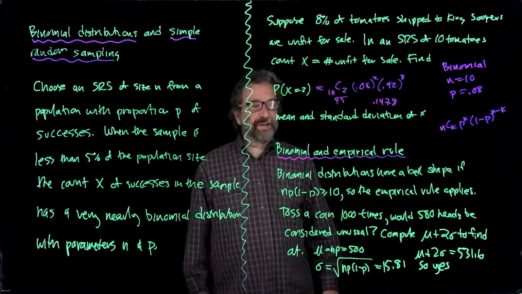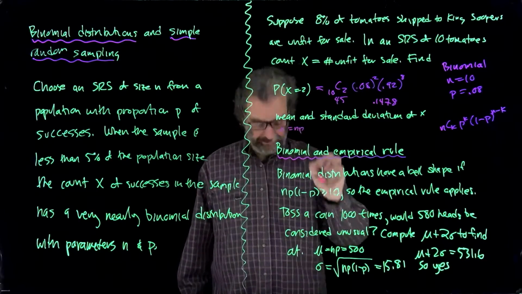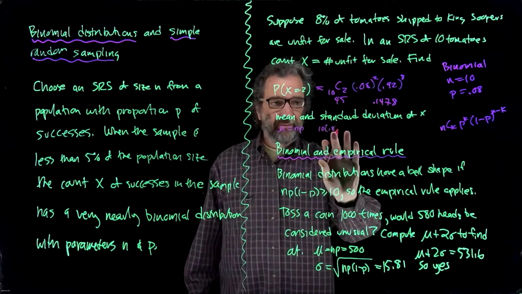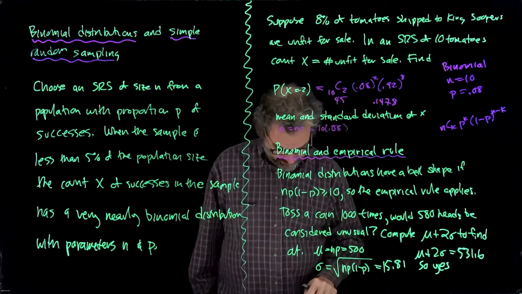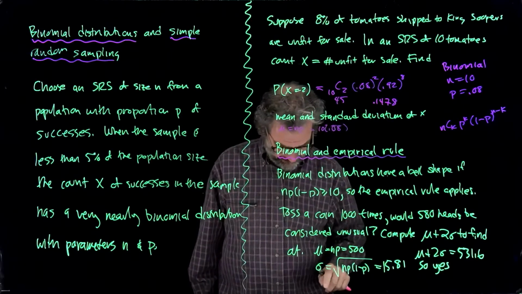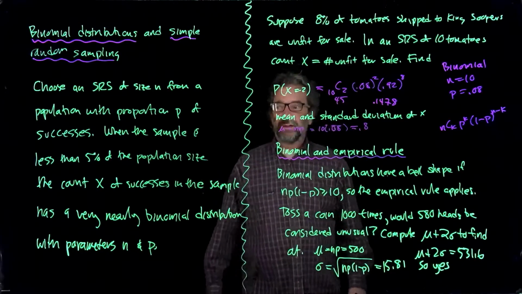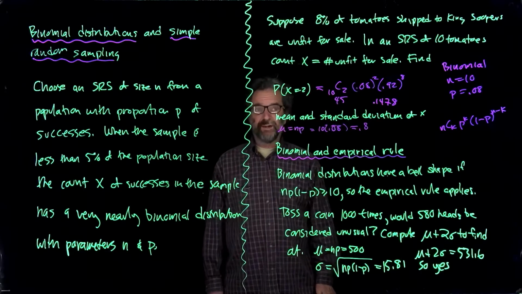Find the mean and standard deviation of x. So the mean is np. That's going to be 10 times 0.08, and 10 times 0.08, lo and behold, is 0.8. Now remember, the mean doesn't have to match a possible value for the binomial distribution.